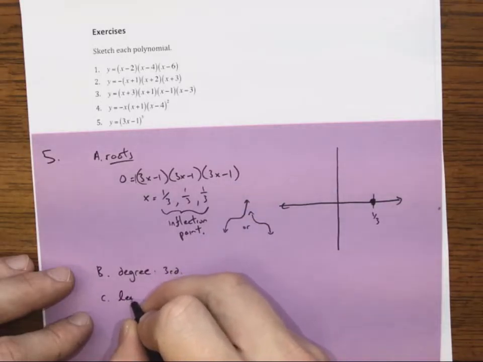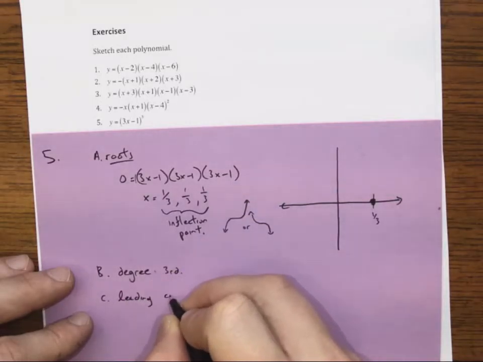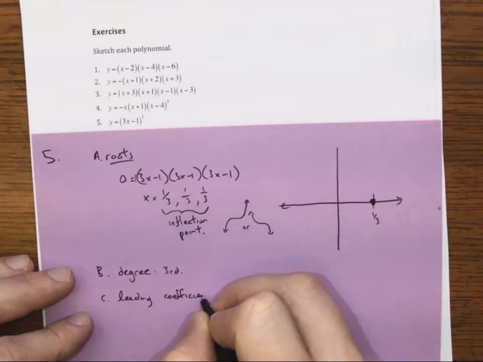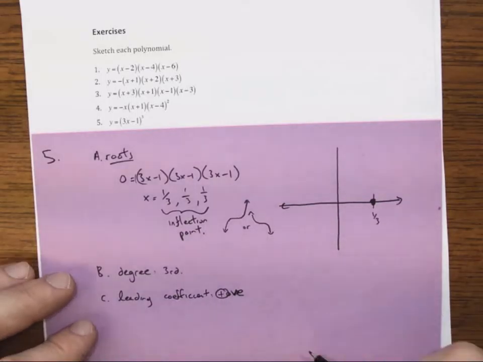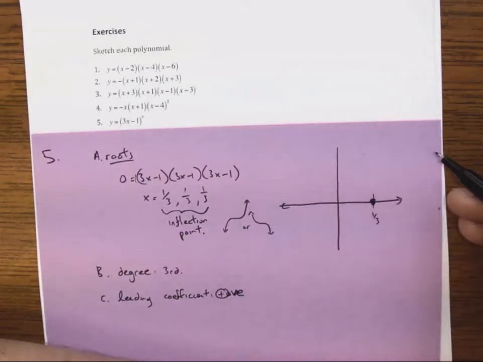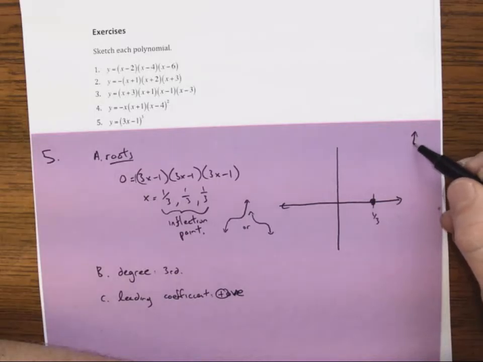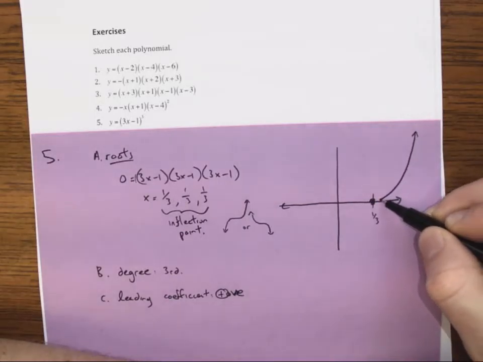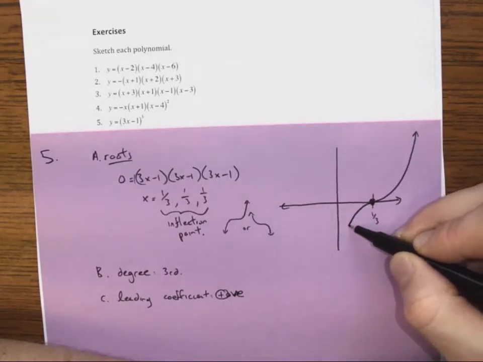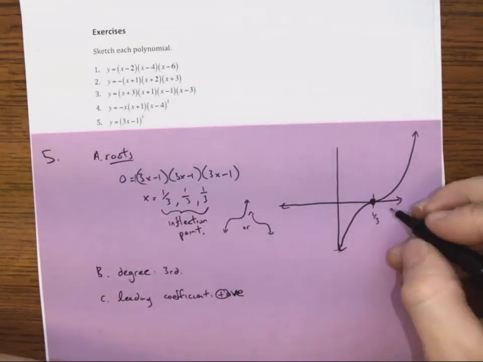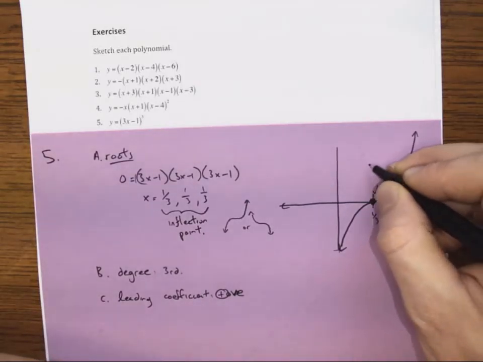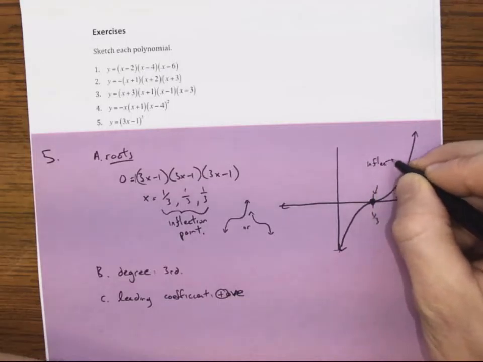So the leading coefficient is positive. Alright, so that means we're going to end in positive infinity like this. So we're going to end up here, we're going to come down, and we're going to make an inflection point, and then bend down again. So we're going to have some negative y-intercept. That is an inflection point.